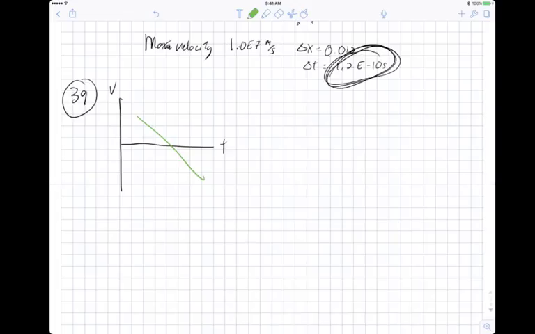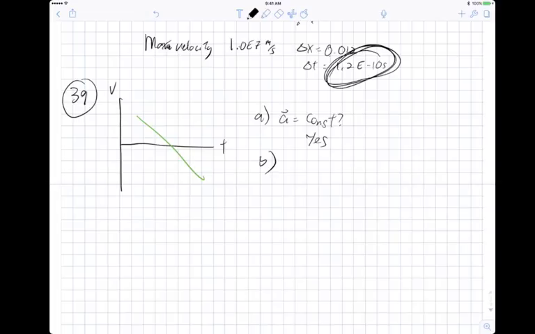A, the acceleration is constant. The acceleration is the slope of this graph, and this graph has a constant slope, so yes, the acceleration is constant.